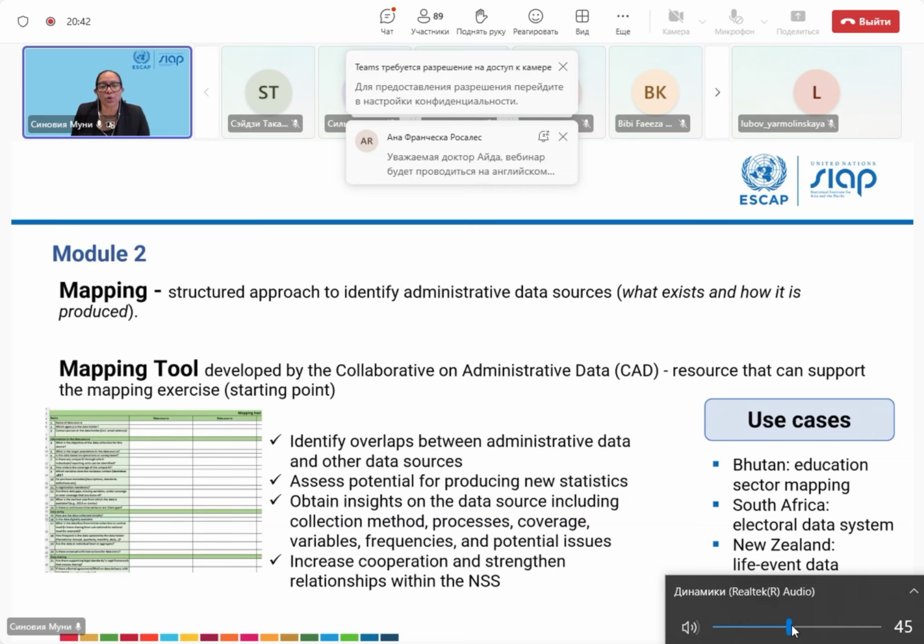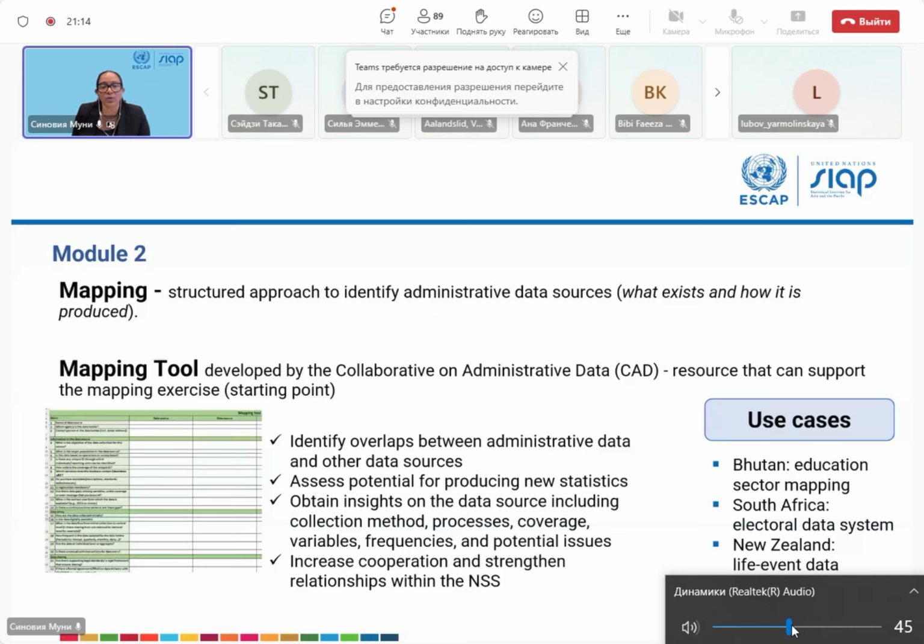And in that module, you also get a chance to see how that tool is used when there's collaboration between the data holder and the National Statistical Office, both in the hypothetical example where we look at the collaboration between the NSO of SDIJA and the Ministry of Tourism, just to guide you through how that Excel file can be used for the mapping exercise.